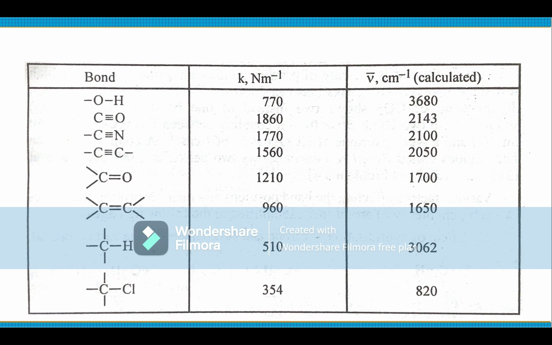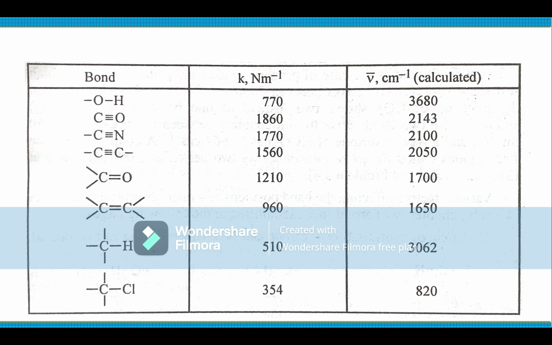Carbon triple bond nitrogen is nearly as strong as CO, the frequency is nearly 2100 reciprocal centimeter. Carbon triple bond carbon, you see this bond is non-polar, so its force constant is a little lower than CO or CN.